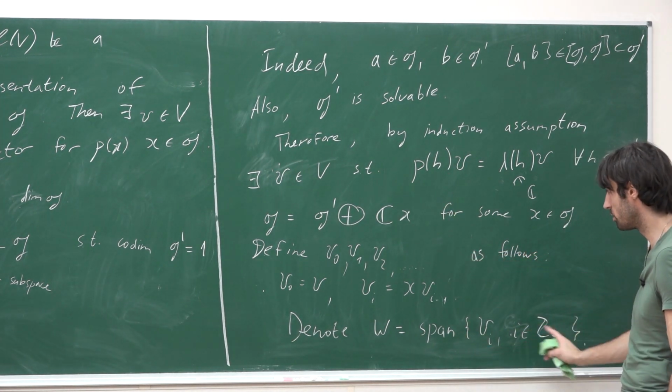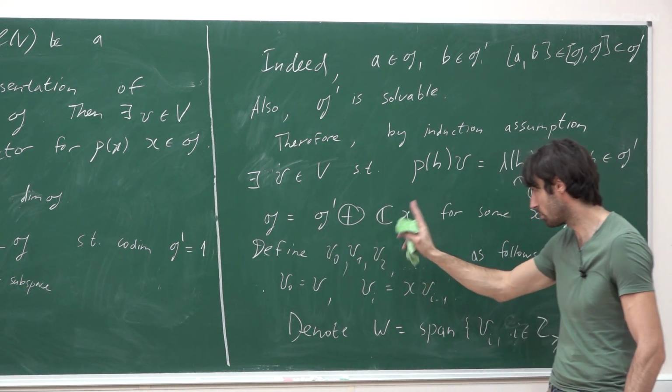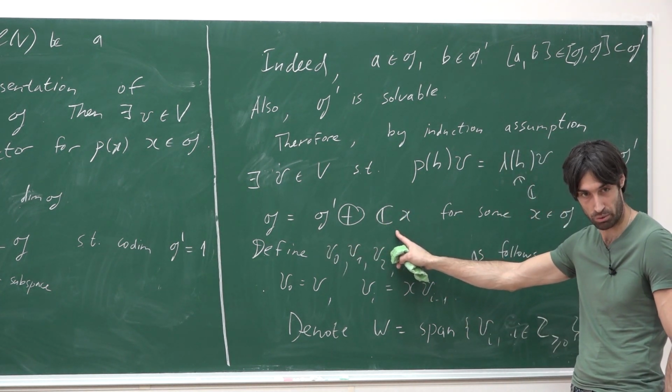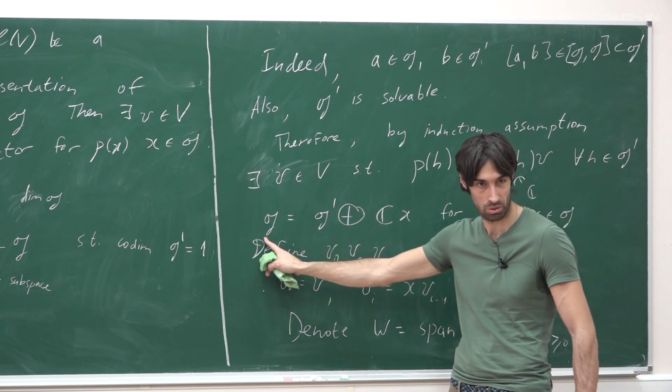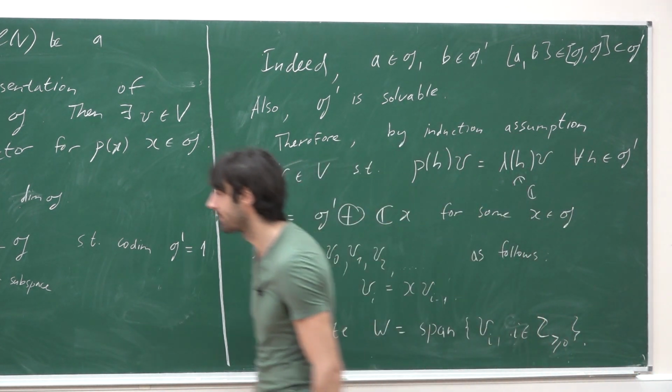So all of them are eigenvectors for G prime, and at least one is an eigenvector for x. Therefore, we will be done, because it will be an eigenvector for the whole G. Okay.